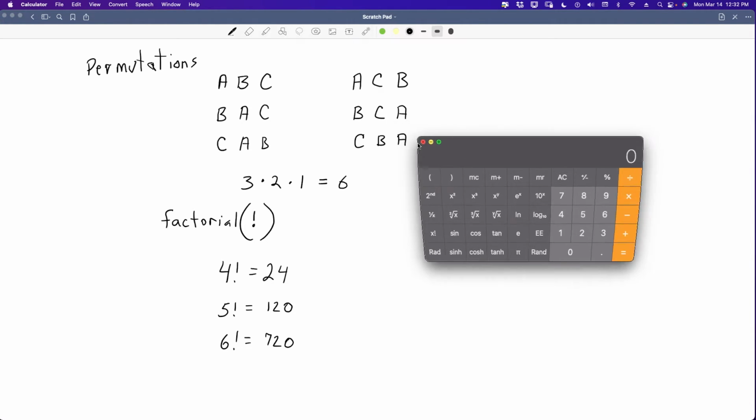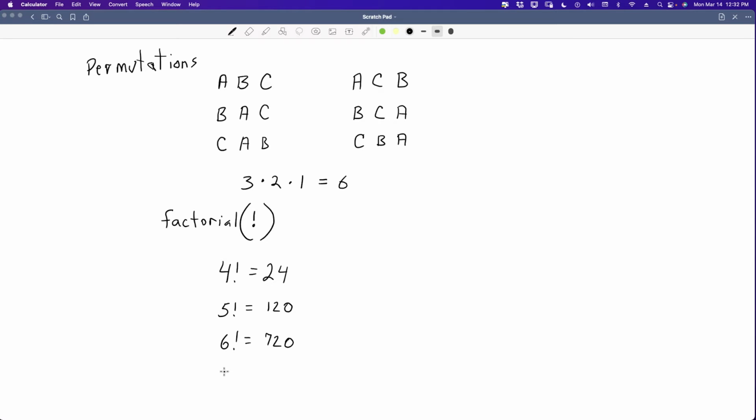You just take the next number and multiply it times the previous one, and that's going to give you your factorial result. But what you're really doing is you're saying 4 times 3 times 2 times 1 equals 24. In the 5 factorial, you're saying 5 times 4 times 3 times 2 times 1 equals 120.